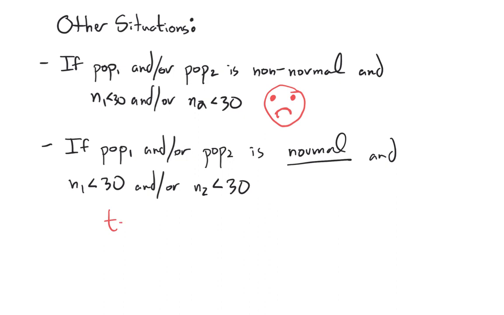If the population is normal, well, we can still do things. In fact, just like before, we know that if the population is normal, we can do a t-distribution here. Or, in fact, we can still do a normal distribution, and we can use a normal distribution if we know the standard deviations of both populations.